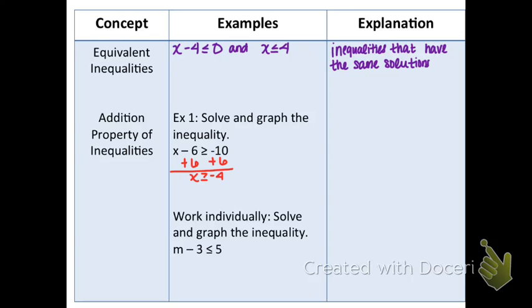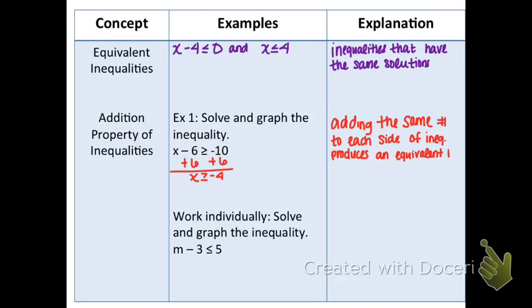And what that basically says is that adding the same number to each side of the inequality produces an equivalent inequality.